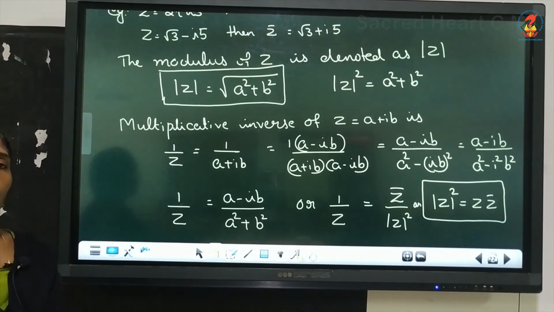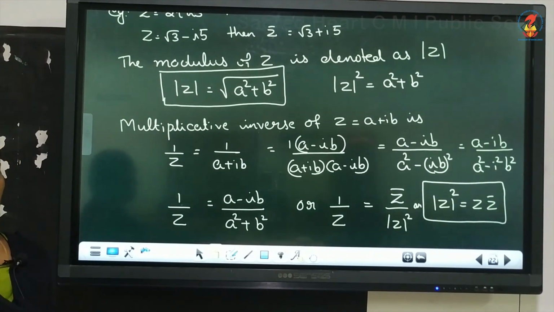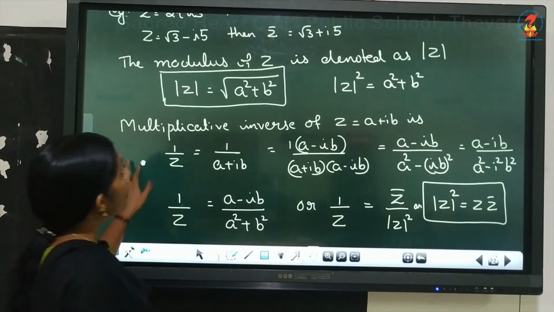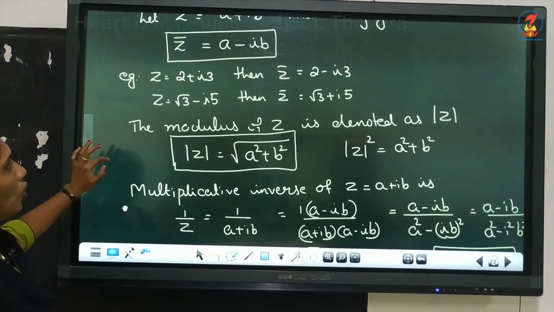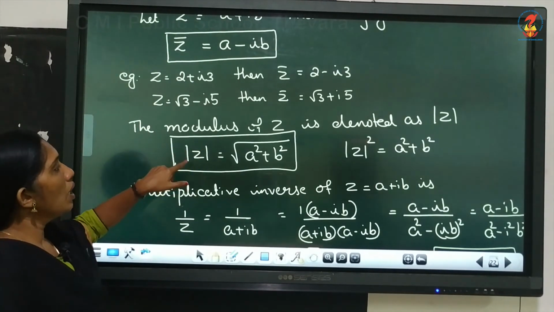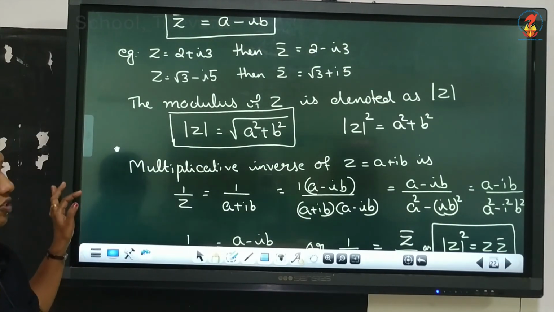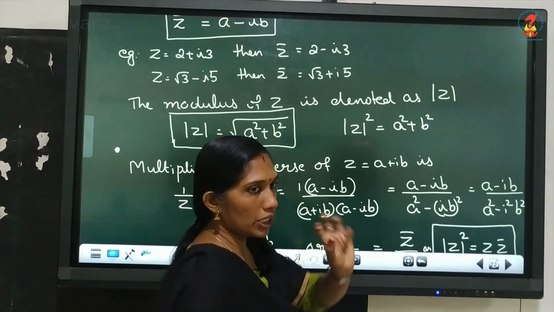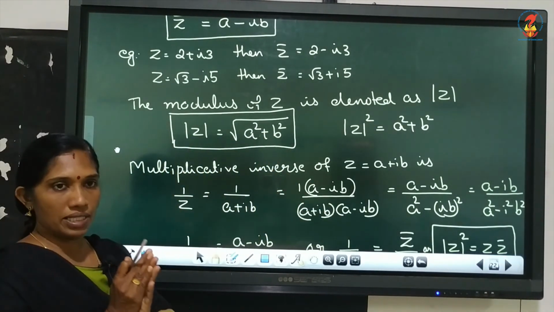So what is the conjugate? What is the modulus of a complex number? The conjugate of a complex number z equal to a plus ib is a minus ib, and the notation is z bar. The modulus of a complex number is mod z, equal to root of real part square plus imaginary part square. We don't take the i here, just the number part only, the real numbers. a and b are real numbers.